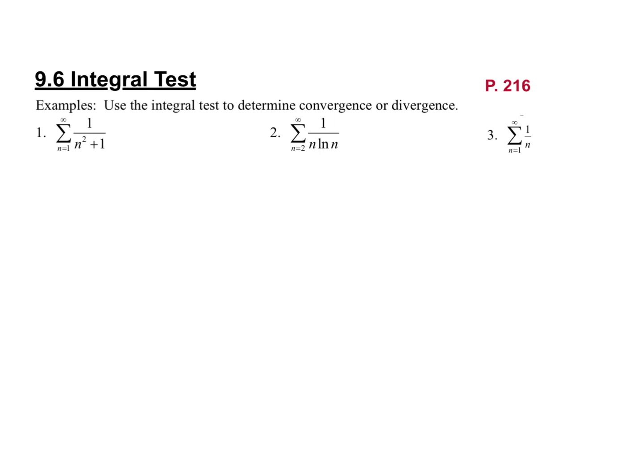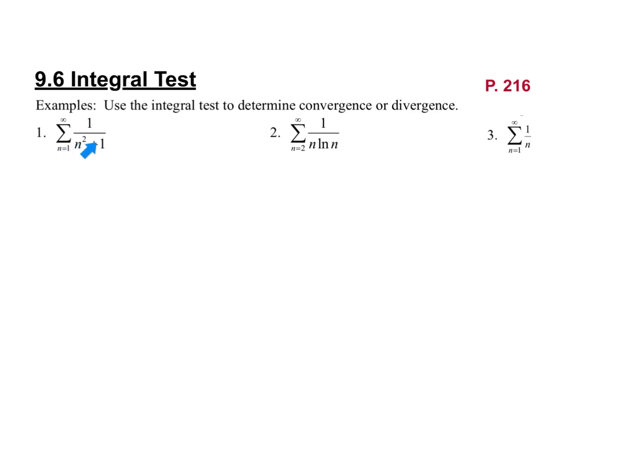First we need to make sure that they're positive, continuous, and decreasing for x greater than or equal to 1. One of the things that we know is that this is definitely going to be positive no matter what positive value I plug in for n. It's not going to have any holes. I can't make this bottom equal a negative.